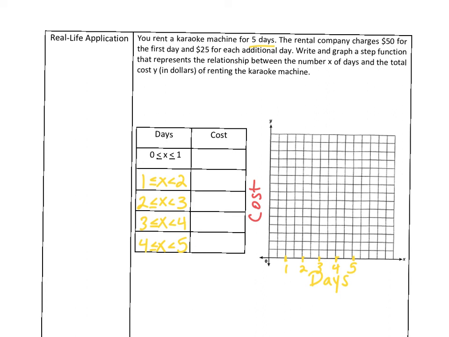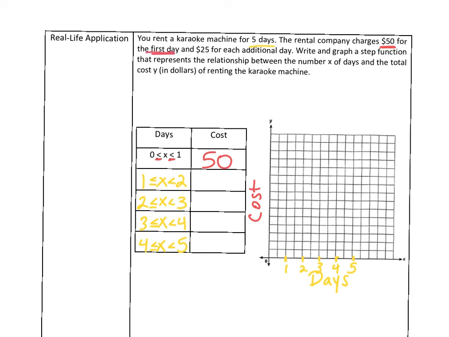Okay, so we'll put it into context here. So if I rented this machine for 0 to 1 day, okay, so it says it's equal to 0 and equal to 1. So between 0 to 1 days, what's it going to cost? $50. And I know that just because that was my initial fee for the first day.